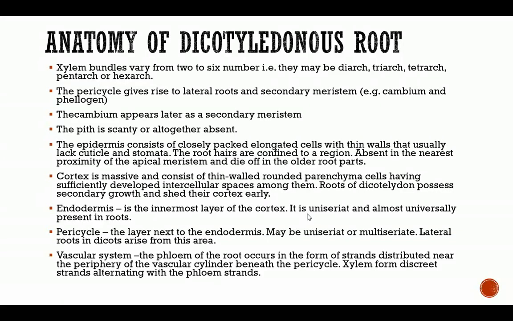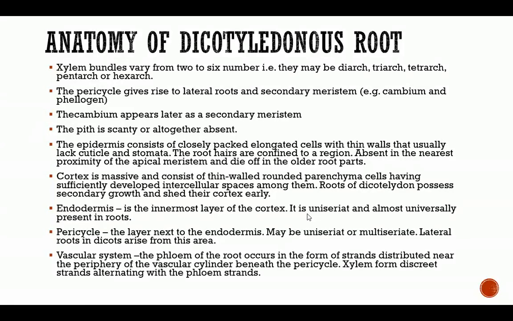The pericycle gives rise to lateral roots and secondary meristem, e.g. cambium and phloem. The cambium appears later as a secondary meristem. The pith is scanty and could be absent. The epidermis of the dicot root consists of closely packed elongated cells with thin walls that usually lack cuticle or stomata.